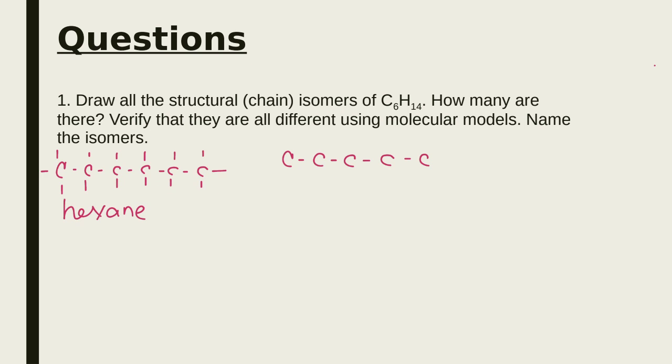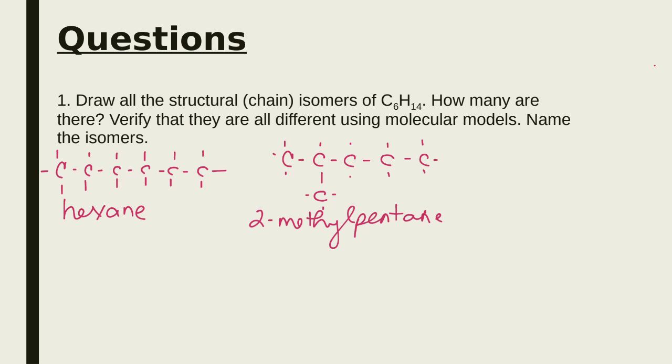But if you take your carbon and put it on carbon 2, then if we fill in all of our hydrogens, we now have a pentane molecule with a carbon branch, a methyl on carbon 2, and we would call this 2-methylpentane. So where else could you put that carbon to come up with a different named, different structural molecule?